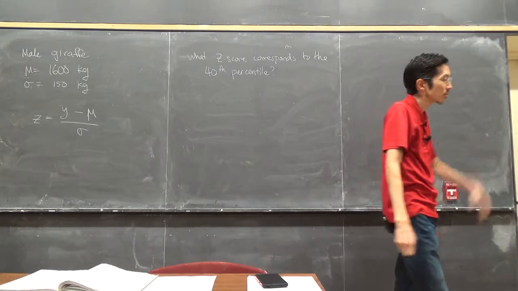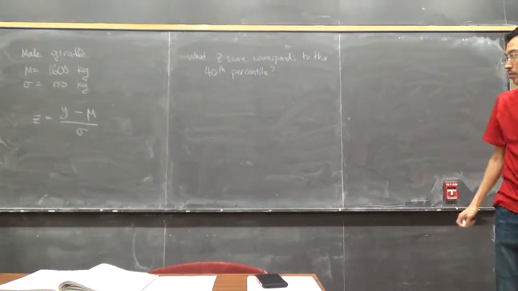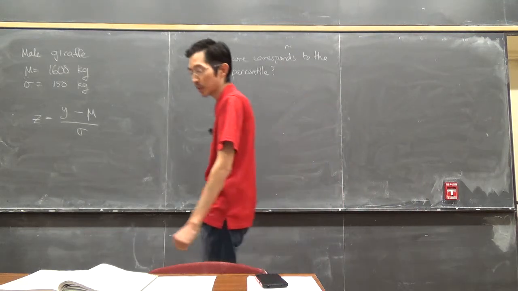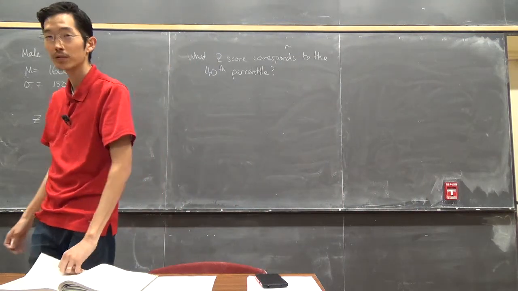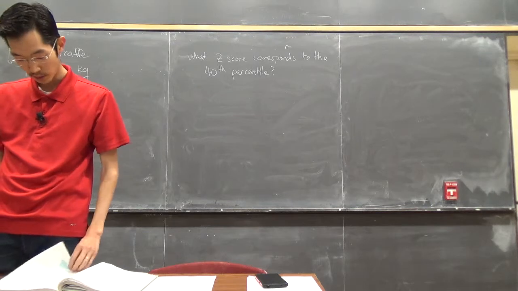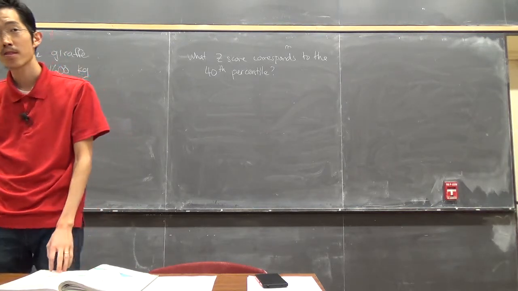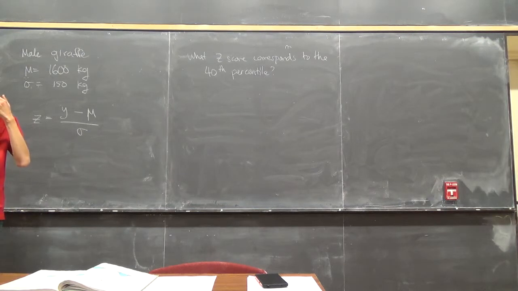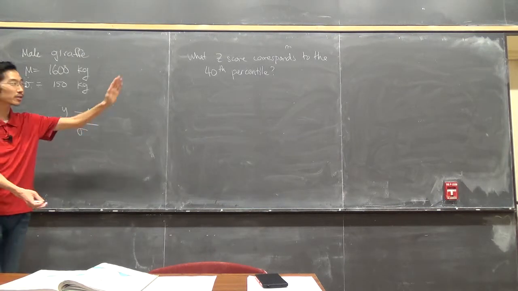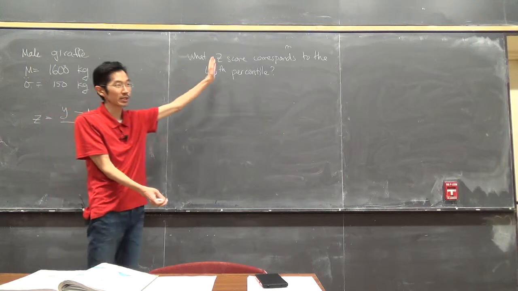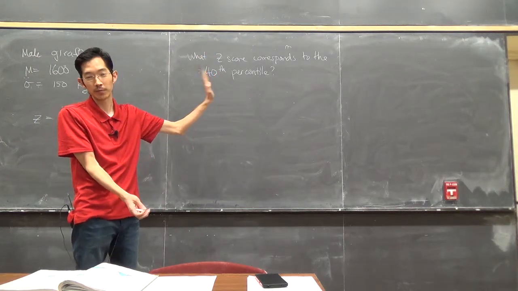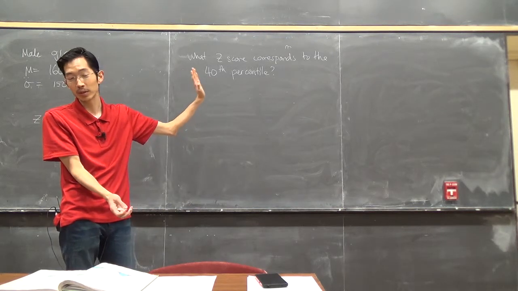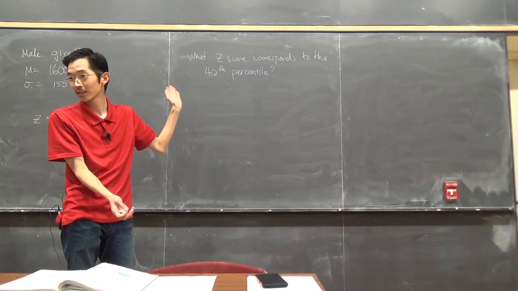So, maybe we need to take a moment and ask, what does it mean to be in the 40th percentile? The 40th percentile is the point where 40% of the data, or 40% of the population, is smaller than this point.